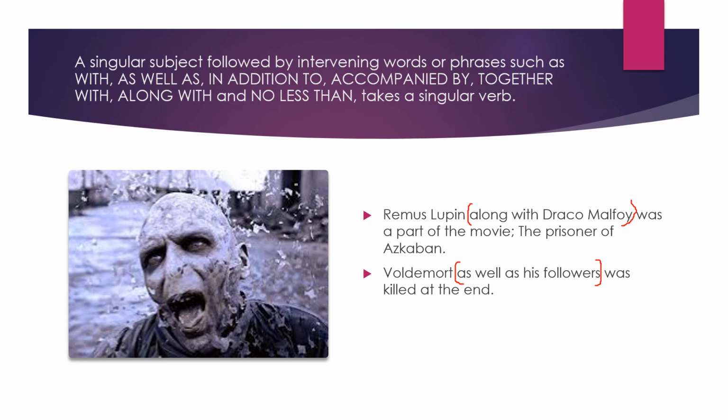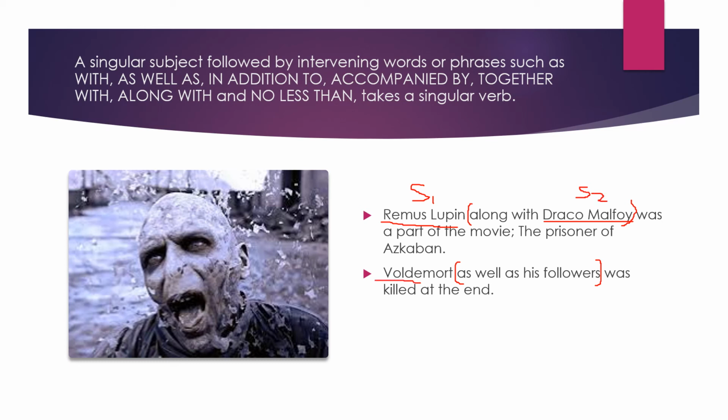We will only be looking at the subject that is placed before these particular words. If you have these kinds of sentences, in that case, it will be with the singular subject placed before the word along with, as well as, in addition to, accompanied by, etc. So subject means here this Remus Lupin is one subject. This is subject 1. And then Draco Malfoy is another subject, which is subject 2.